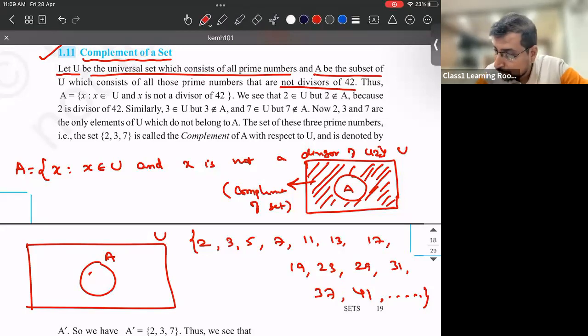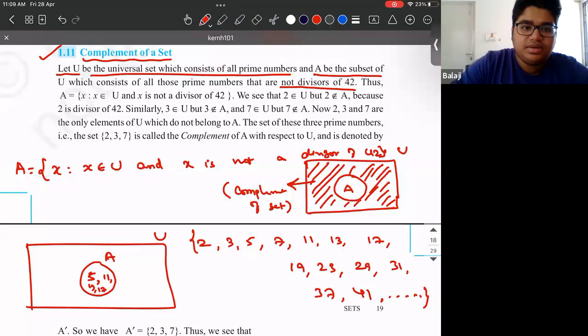Read the question. A is a subset of U which consists of all those prime numbers that are not divisors of 42. So 5 is one such number. Then you can think of 11, 13, then 17, 23, 29.